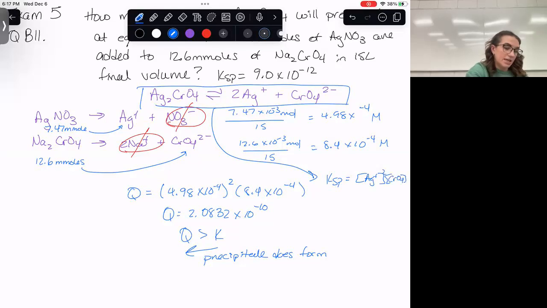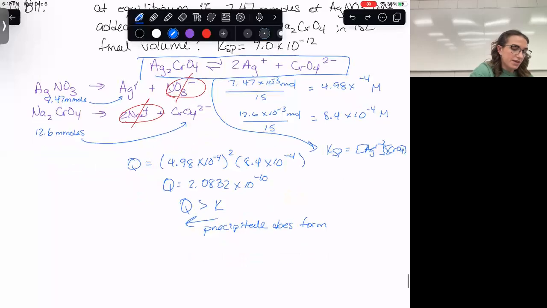So we're taking the two concentrations that we just solved for and plugging them into K, but we're solving for Q because we don't know if we're at equilibrium or not. Once we found that Q equals 10 to the negative 10, that is larger than 10 to the negative 12. So since Q is bigger than K, we have to proceed towards our reactants. Does that help?